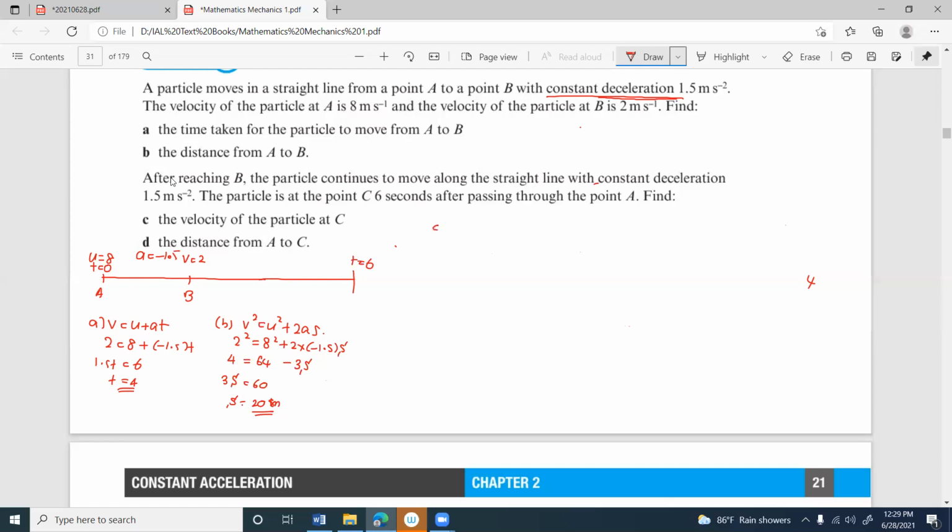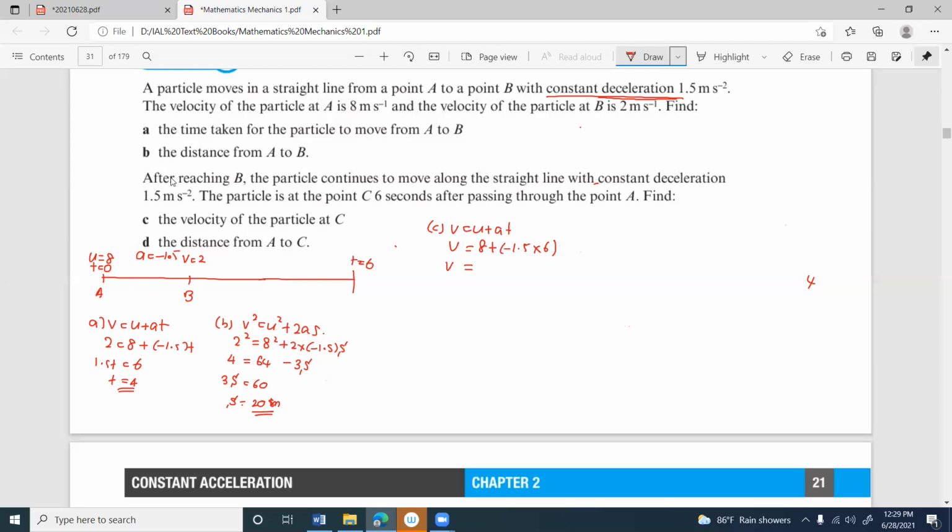So you know that it's following the same velocity conditions. Therefore, again, we can apply V equals U plus A t. We need to find the final velocity. U is 8, A is minus 1.5 into time. Time is 6 seconds, right? Now what we need to understand when you are working this out is that there is no need to apply a different equation of motion starting from here to here as one motion.